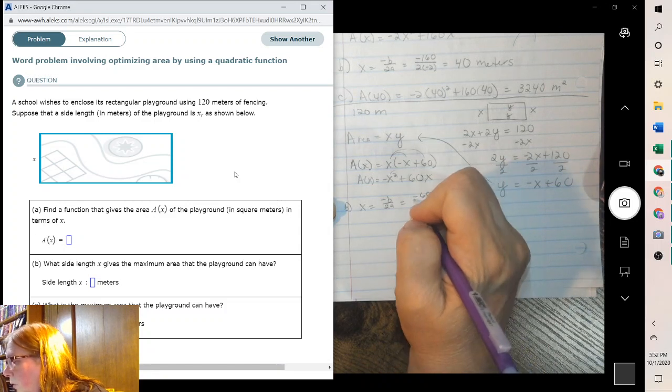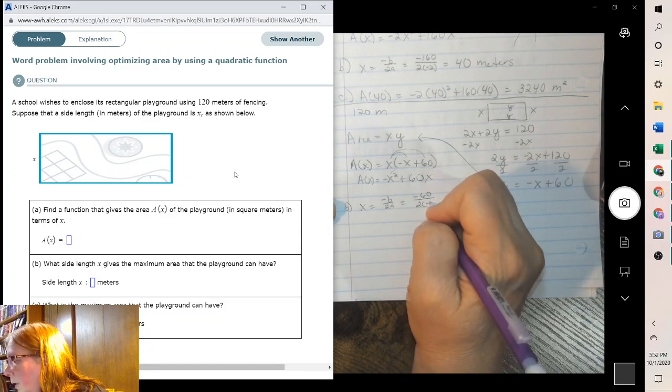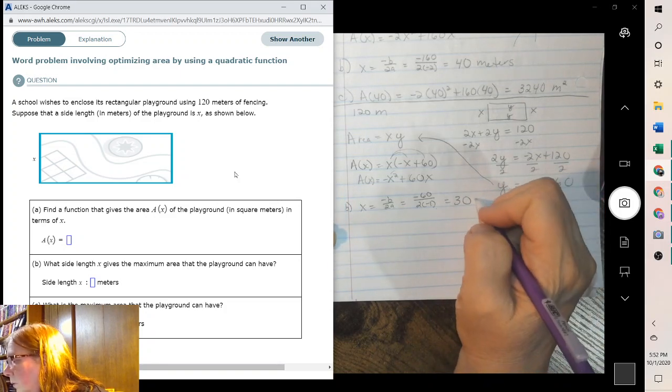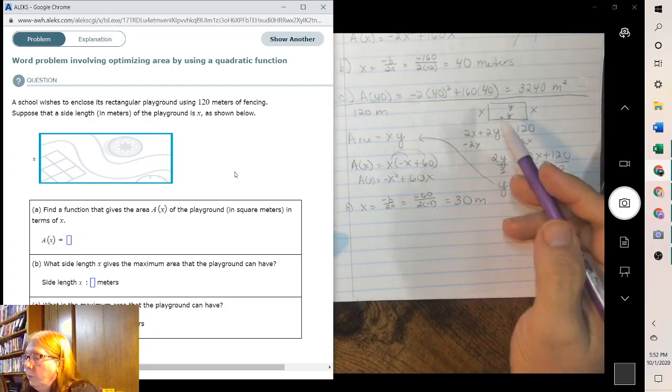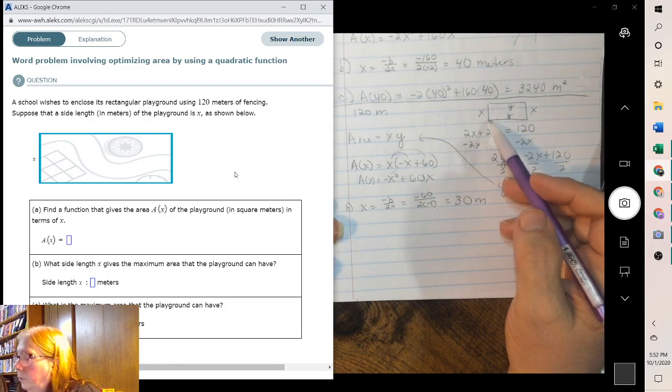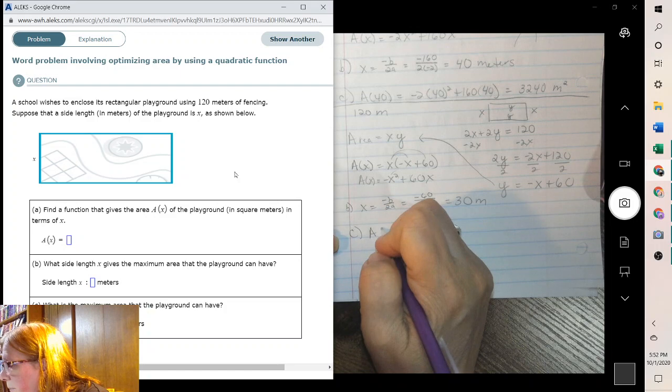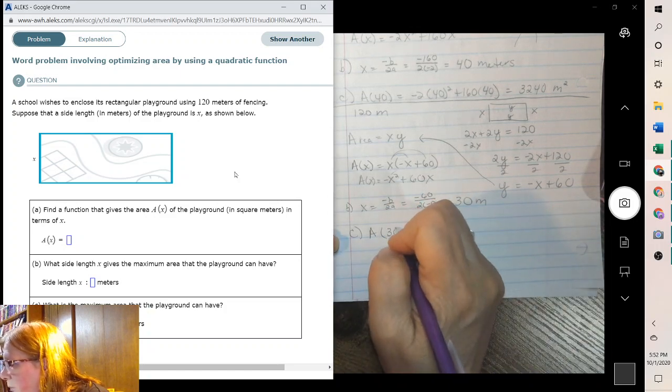Negative b over 2 times a. 30. So this side needs to be 30 meters. To find the maximum, you just plug 30 into your area.